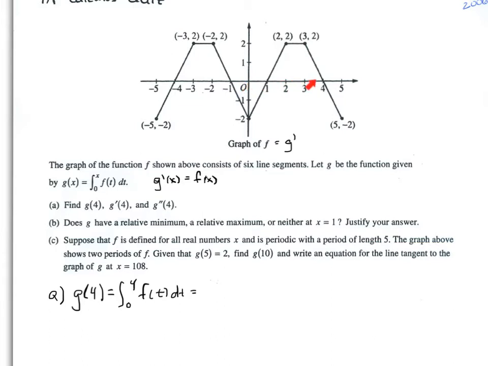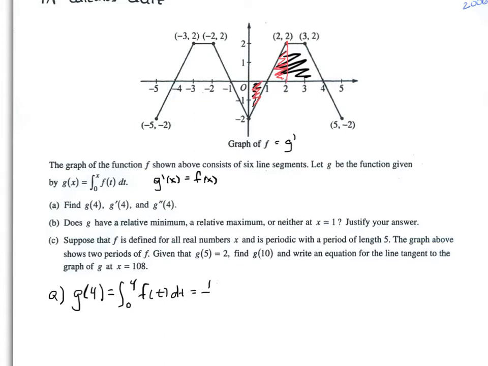So what we want is the area from 0 to 4. So that would be this and the trapezoid. Now one thing I'm noticing here is the symmetry, where this triangle here would cancel out the area of that triangle.